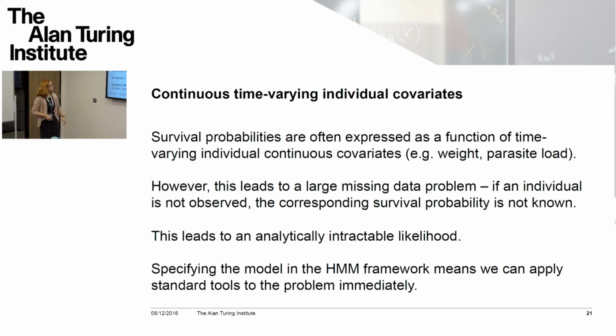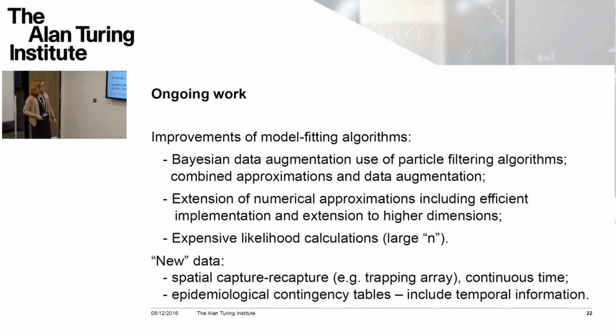We only had one covariate that was continuous, so we could just discretize that, and we had a one-dimensional integration to do, and we did that with the approximation I mentioned earlier.